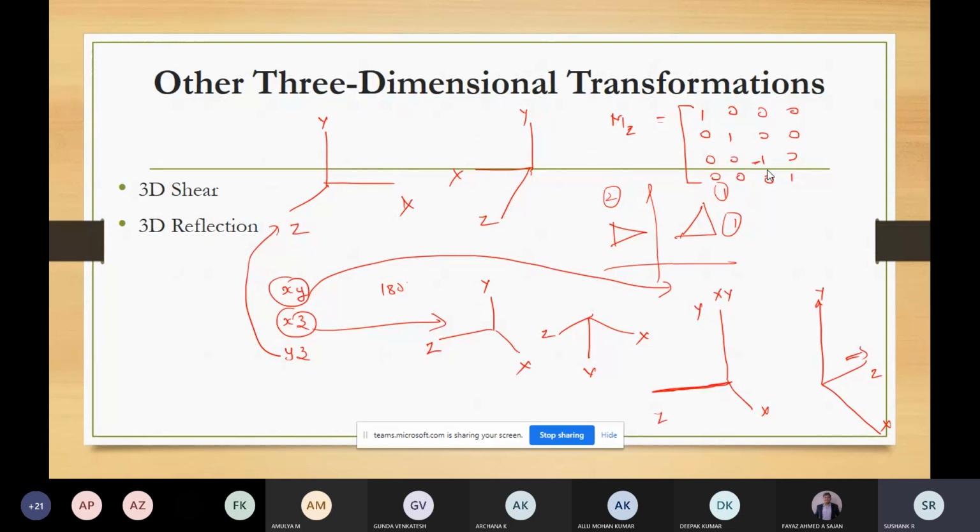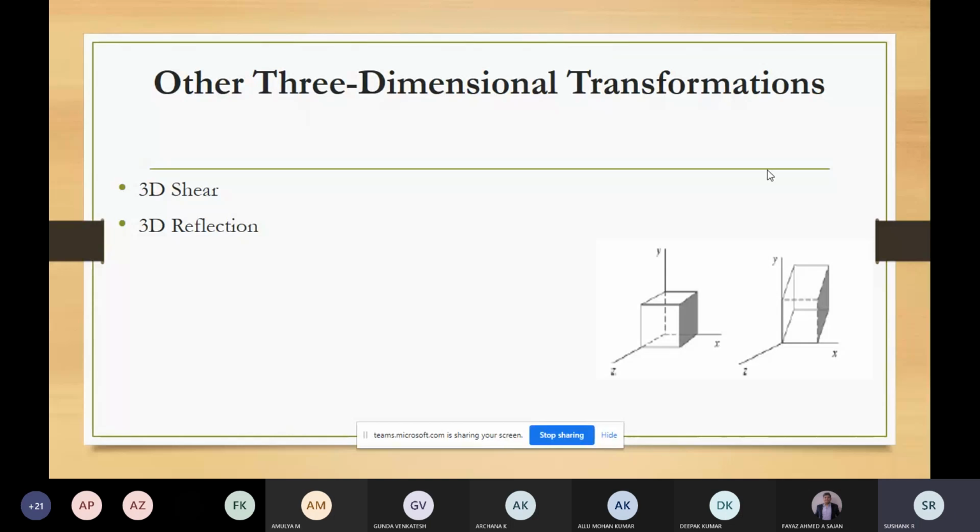The next one is 3D shear. 3D shear means you will get some distorted object. Once the shear is done, the object will get distorted. Shear is a transformation which can be performed to modify the shape of an object.